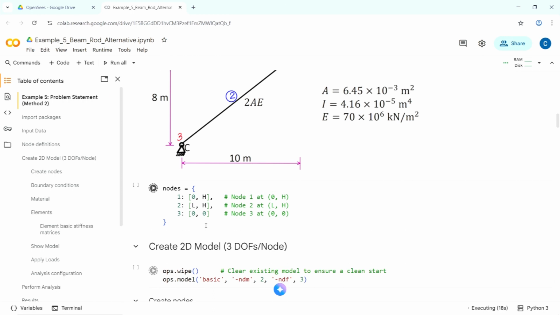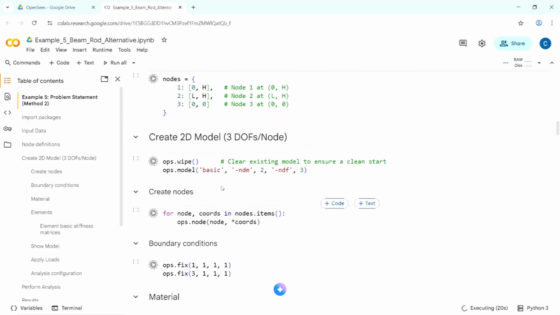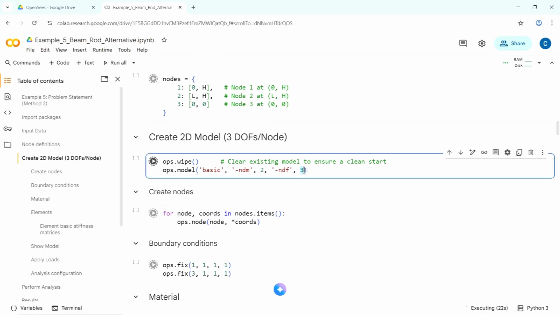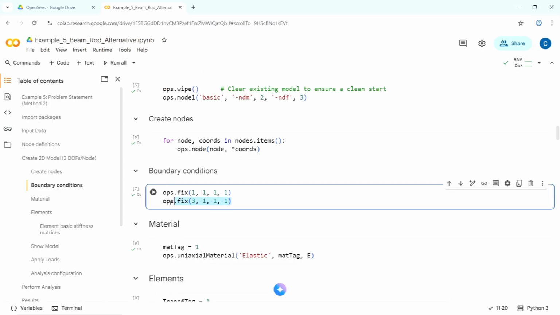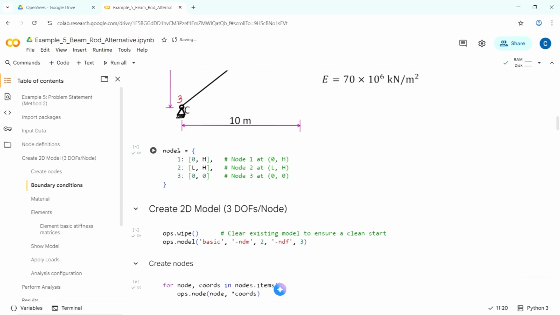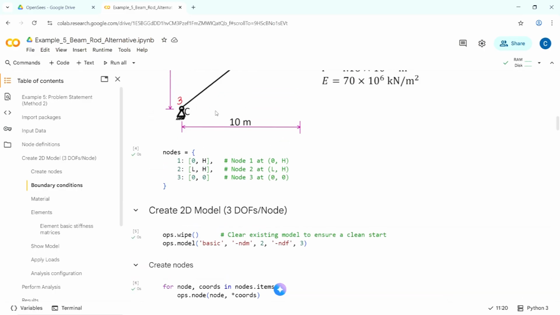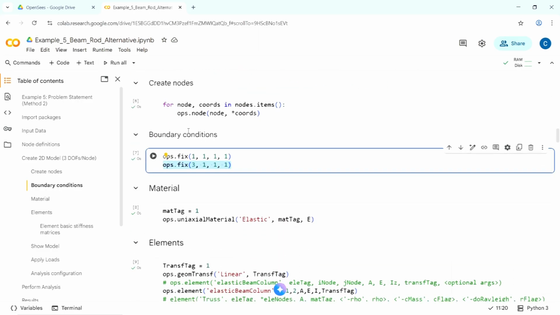So, these are the same as before. This is everything. See, note, every node has 3 degrees of freedom. Okay. Now, here is what I mentioned, that the node 3 which has 3 degrees of freedom, all 3 must be restrained, okay, because I am connecting it with a truss element, right.